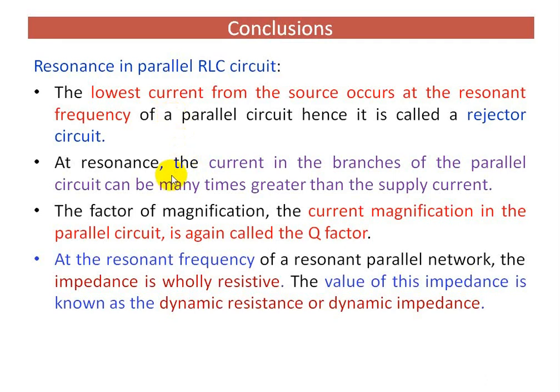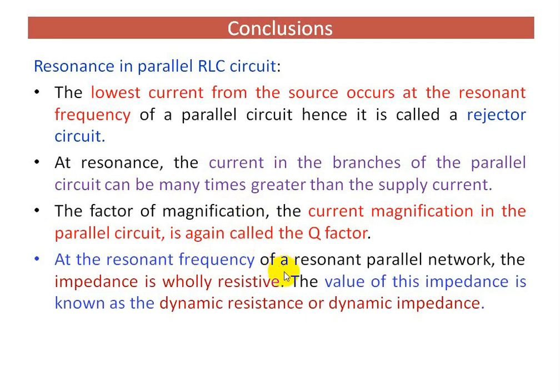Similarly, at resonance, current in the L and C branches can be many times greater than the supply current. Therefore, this circuit is also called a current magnification circuit. And this current magnification is also called the Q factor.